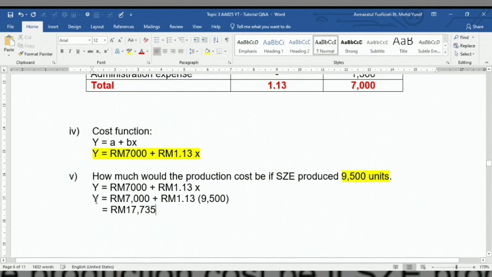So you put the 9,500 in x. So y equals to 7,000 plus 1 ringgit and 13 multiplied by 9,500. So you get the answer for the production cost is 17,735.